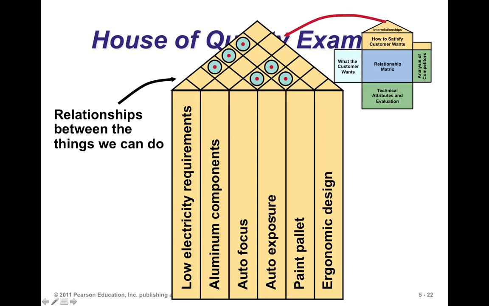Low electricity requirements might be a useful objective because you may want your battery to last as long as possible. And you can see here autofocus and auto exposure are strongly related, or that the paint palette and the autofocus somehow are also strongly related, all right?